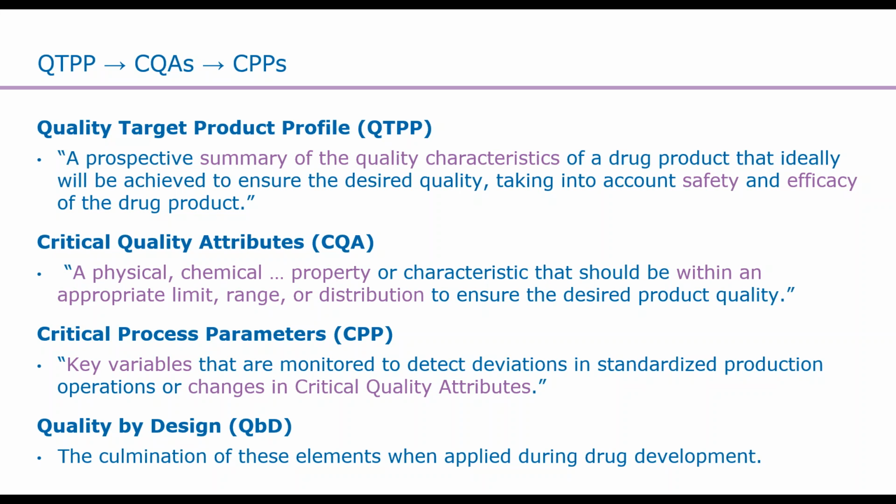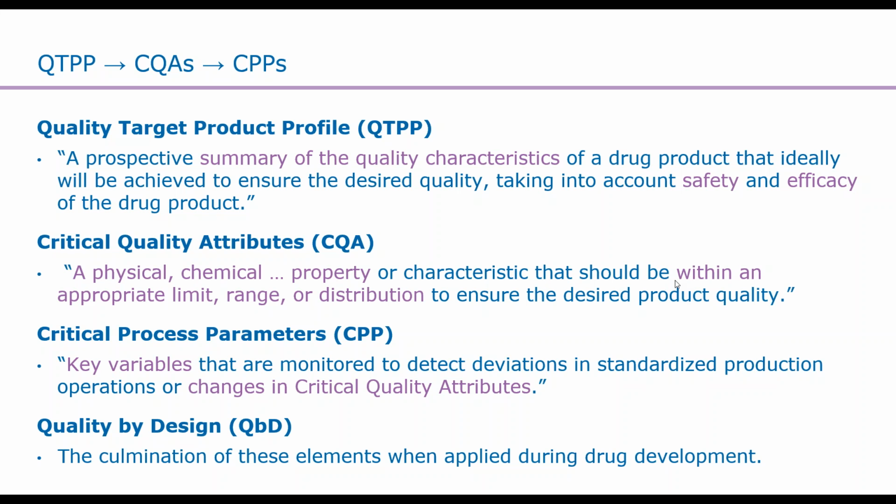Another common term would be the critical quality attribute, or CQA. And this is a physical, chemical property or characteristic that should be within an appropriate limit, range, or distribution to ensure the desired product quality. So really, these are the individual attributes that will make up your QTPP.